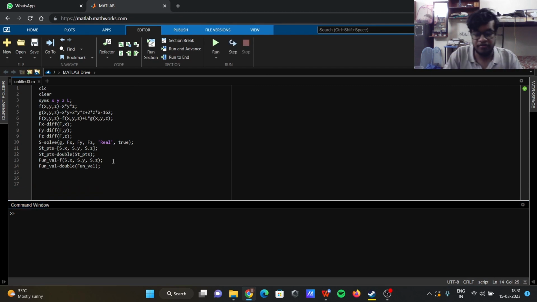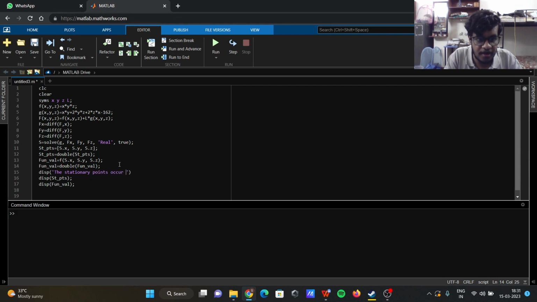Oh yeah, almost forgot this. Stationary points, function value.